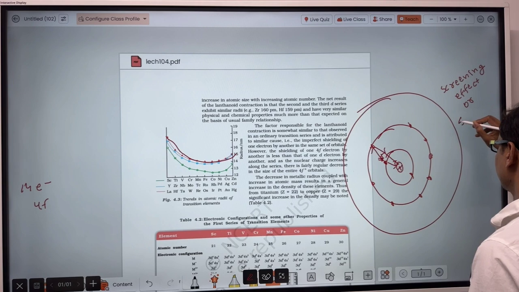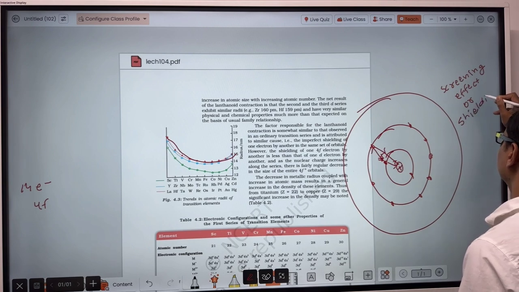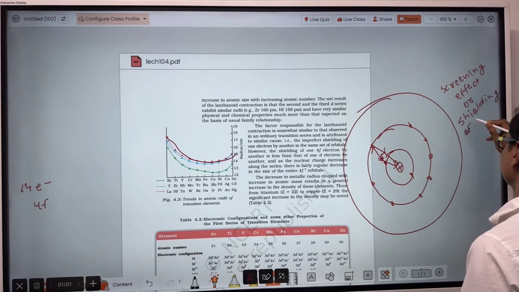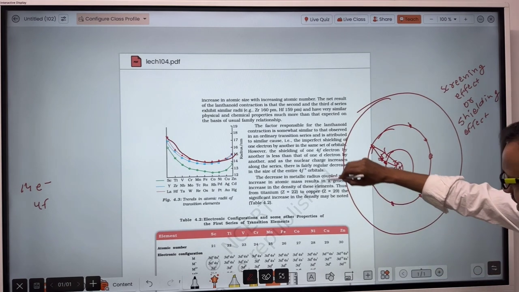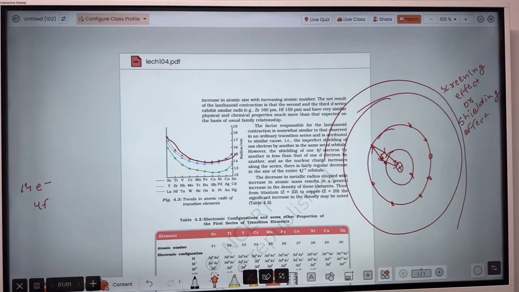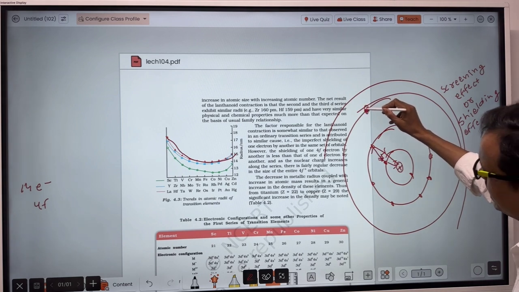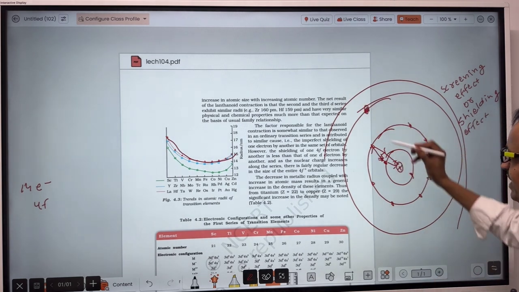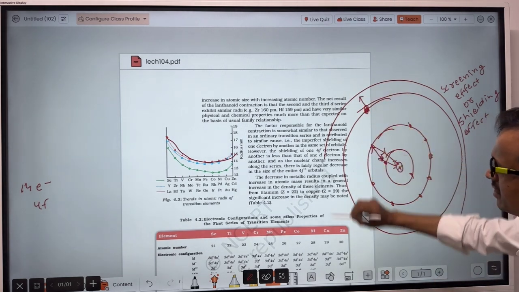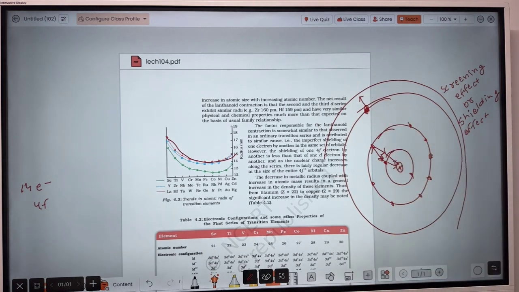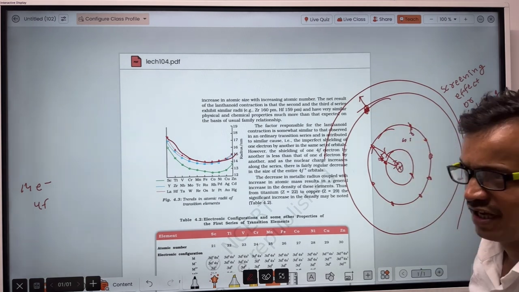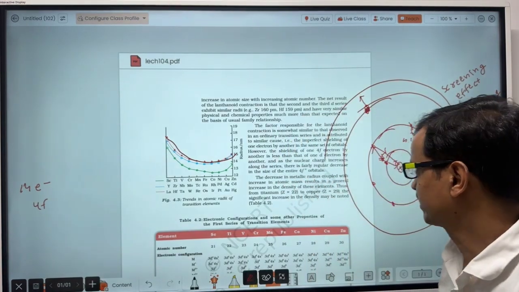It is also called the shielding effect. What happens in the case of d block elements? Their screening effect is very poor. That means they don't repel the outer electrons of the outer shell as effectively as the electrons of s and p do. And f orbitals have approximately no screening effect. So the f electrons present in the 4f orbital have approximately no screening effect.